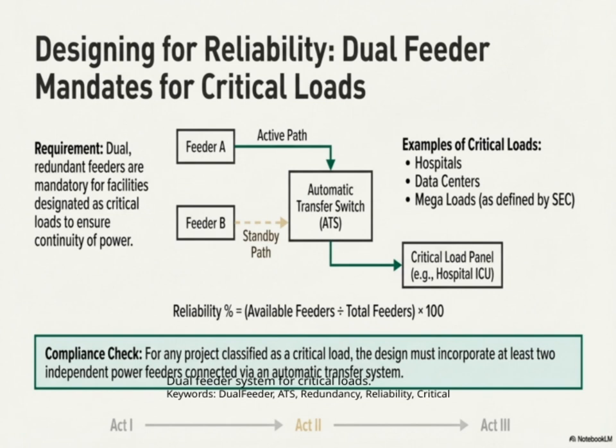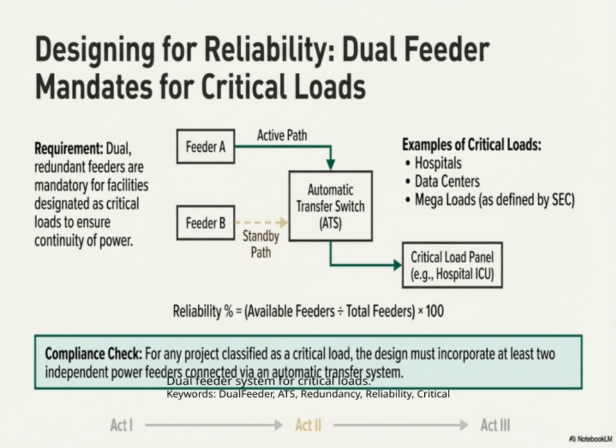This redundancy is crucial for maintaining continuous power, especially for critical systems that cannot afford any downtime. By implementing a dual feeder system, we're effectively reducing the risk of power interruptions and enhancing overall system reliability. This concept ties back to our overall theme of ensuring resilience and dependable operation for essential infrastructure.